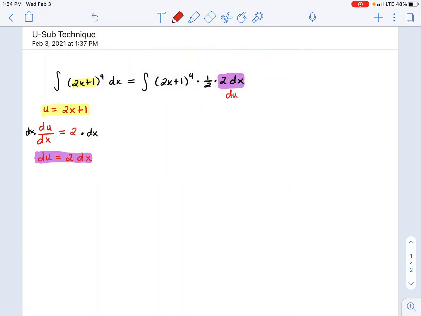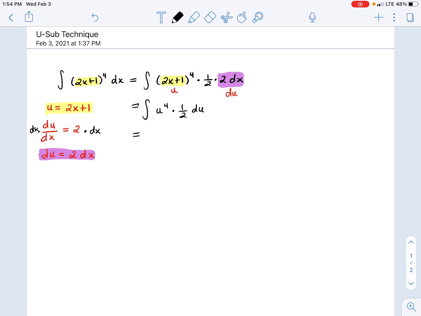And here, we see that this part is my u. So now I can say this is the integral of u to the fourth times 1/2 du.